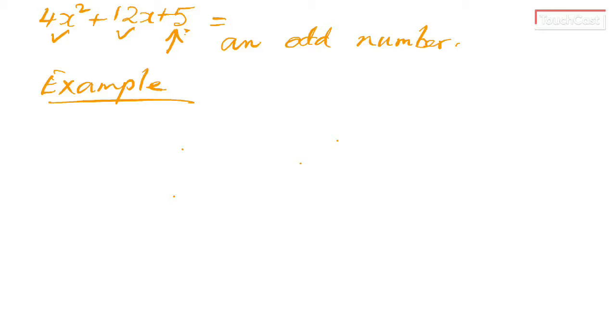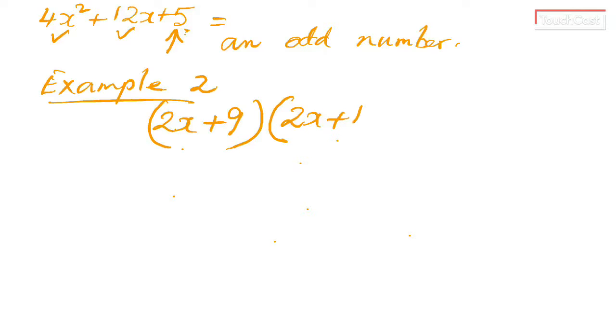So let's say example 2. Let's take 2x plus 9 as one of the odd numbers, and then I can take 2x plus 13, and I do expanding.